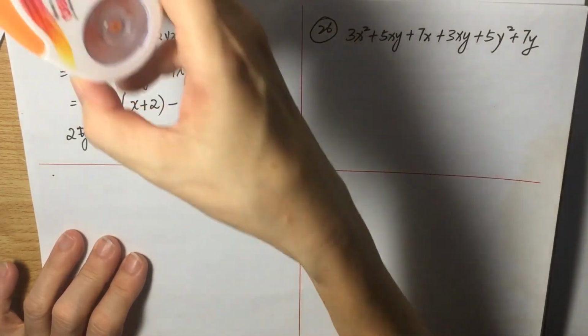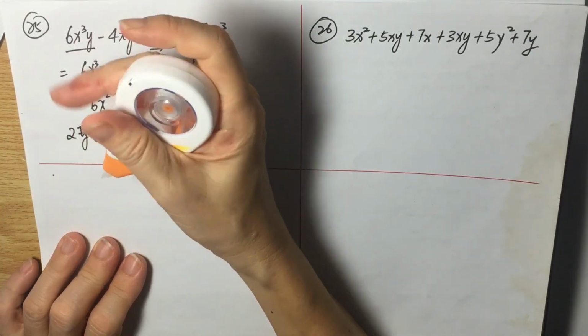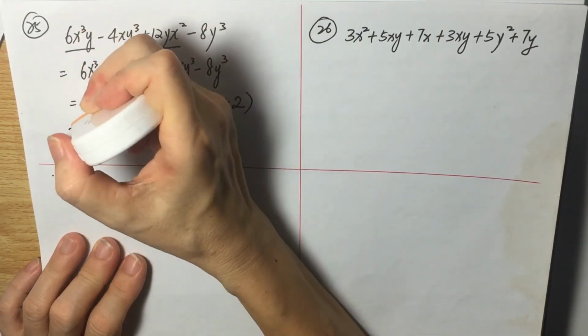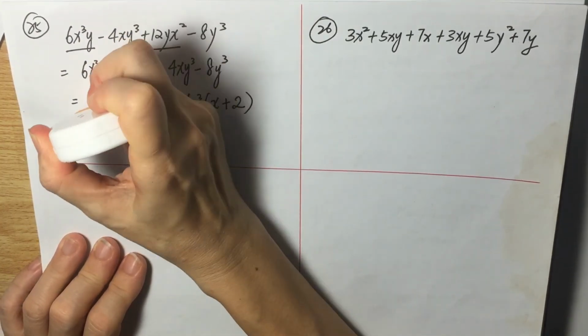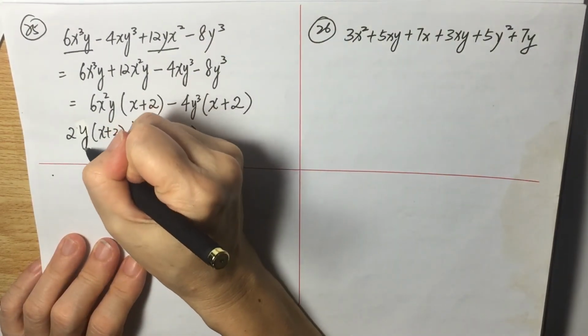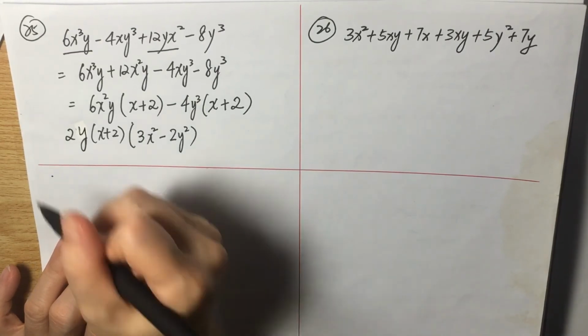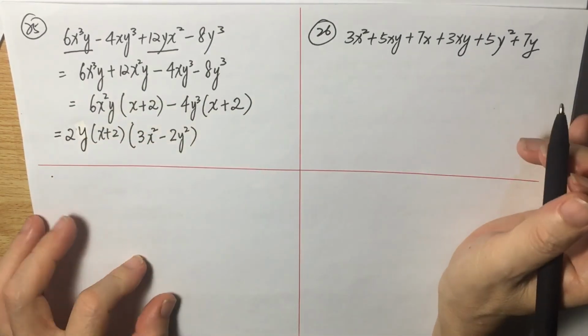So 2x squared minus 2y squared. This one will be messy. Can I erase it? So 2y times x plus 2 times 3x squared minus 2y squared.